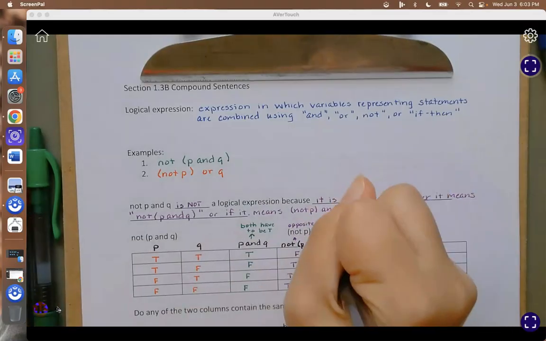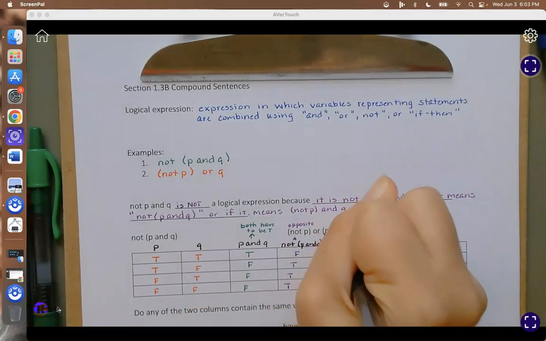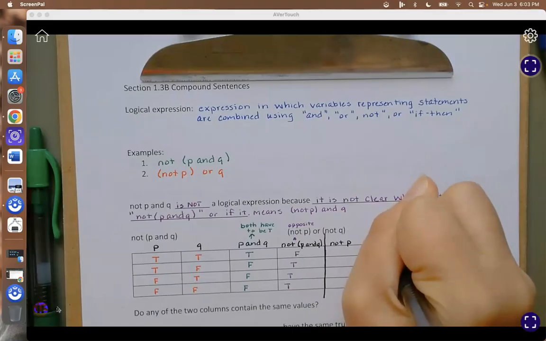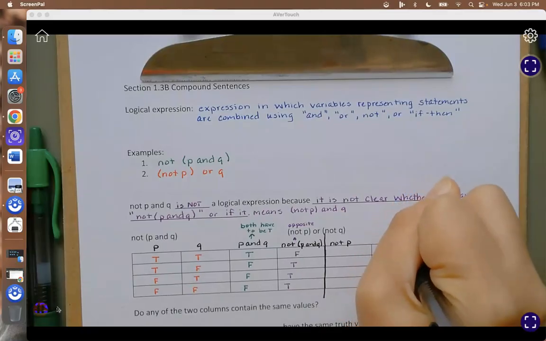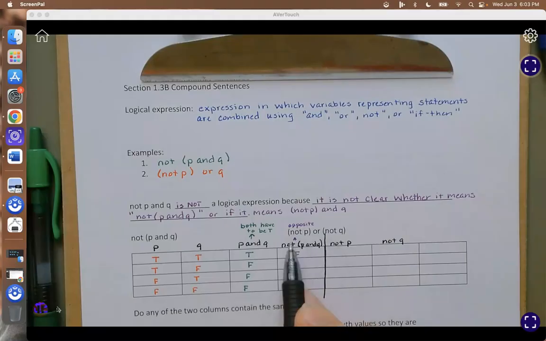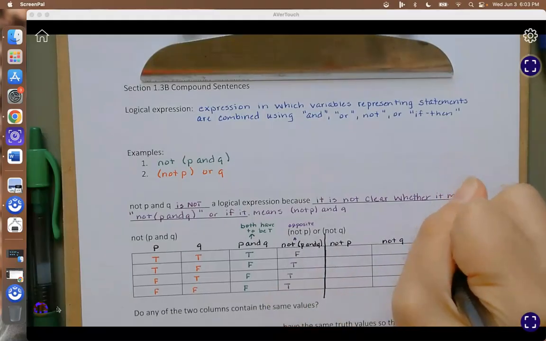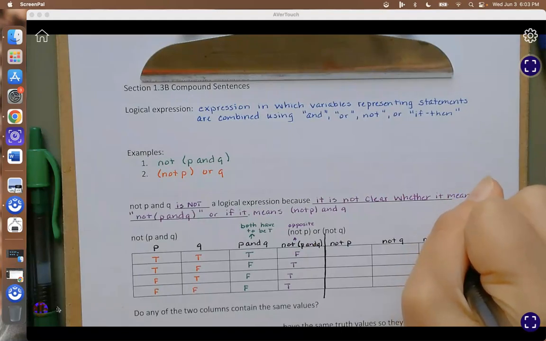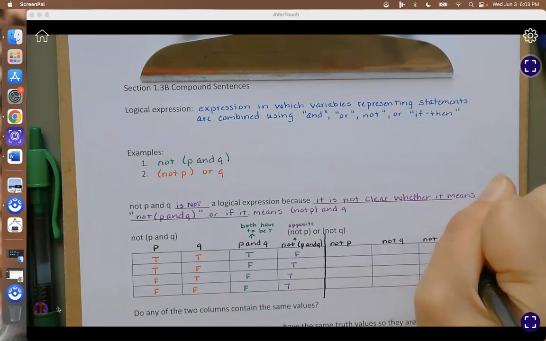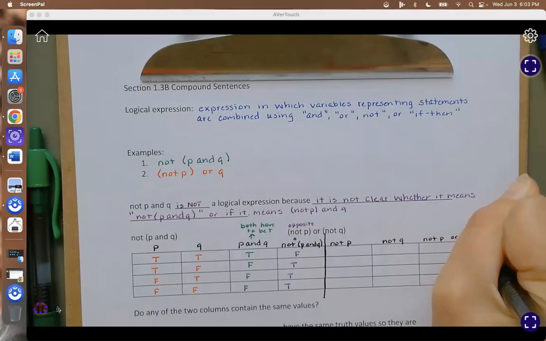So we're going to do a not P here. We're going to do a not Q here. Okay, then we put them together and do an or. So not P or not Q.